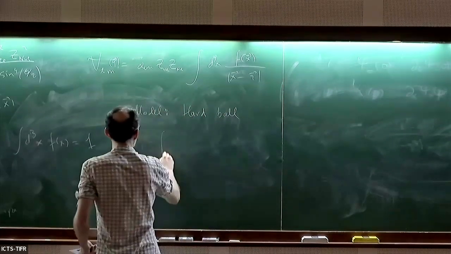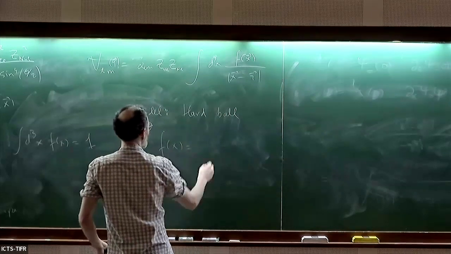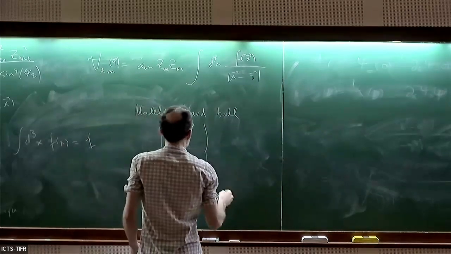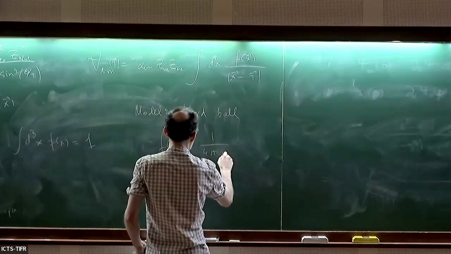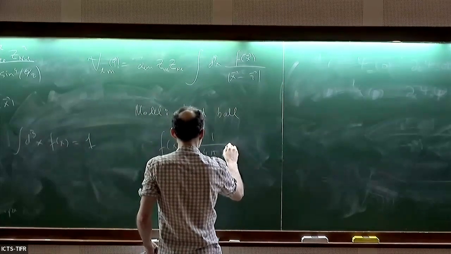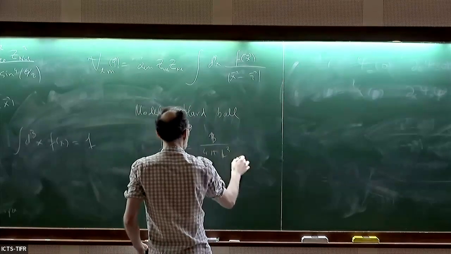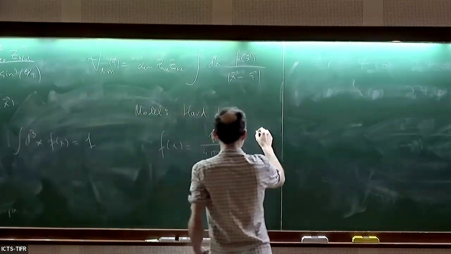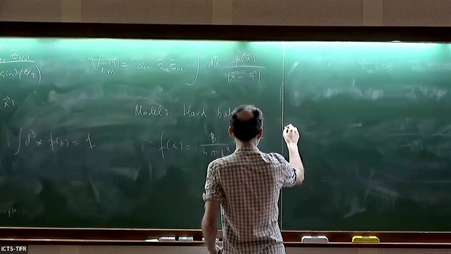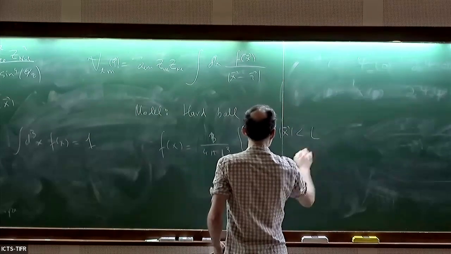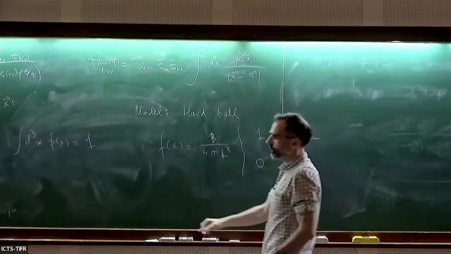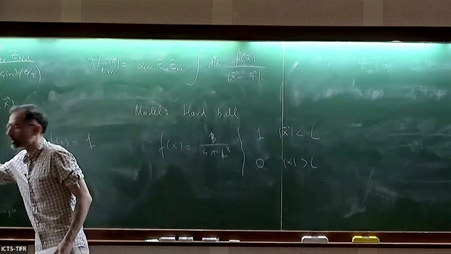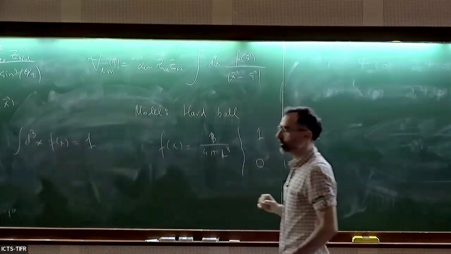That distribution f of x is just, we need it to be normalized properly, so it's going to be 3 over 4 pi L cubed, of 1 if the modulus of x is smaller than L, and 0 otherwise. Okay, so L is sort of the size of this nucleus, sorry, femtometer-like.